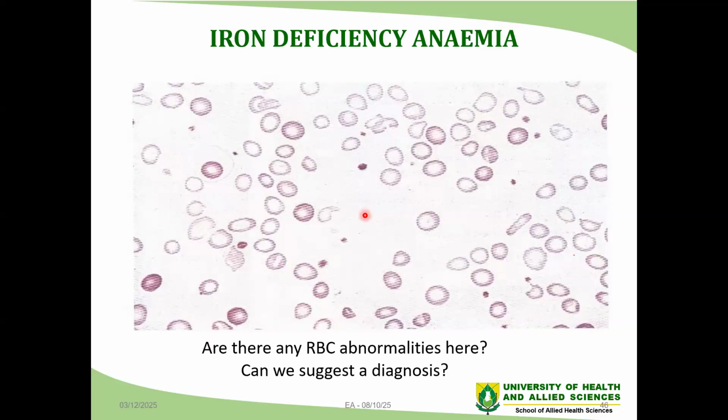Hemolysis in this case, if it is largely intravascular hemolysis, it will lead to loss of iron. And so the patient will end up being iron deficient. If the hemolysis is largely extravascular, then the patient will not end up losing much of the iron. Most of the iron will be successfully recycled for use.